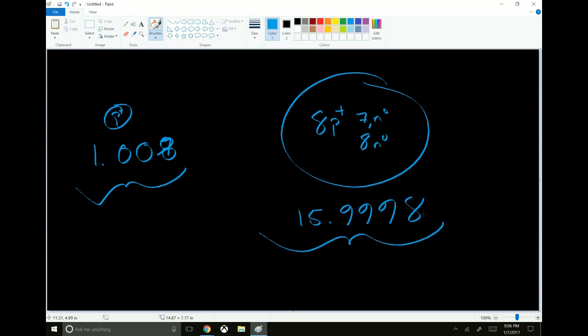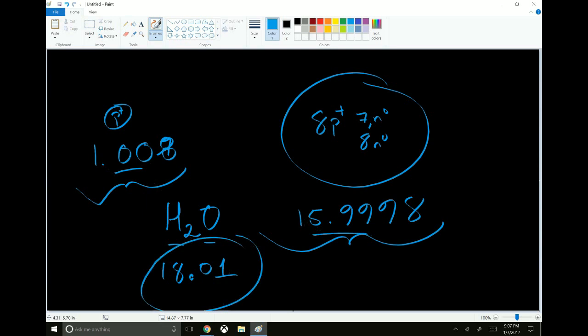And this makes a big difference because when you look at, for example, water, okay, it's going to be always 2 atoms of hydrogen and 1 atom of oxygen. But its mass is going to be roughly 18.01. Okay. Because 2 atoms of hydrogen, 1 atom of oxygen adds up to about 18.01.